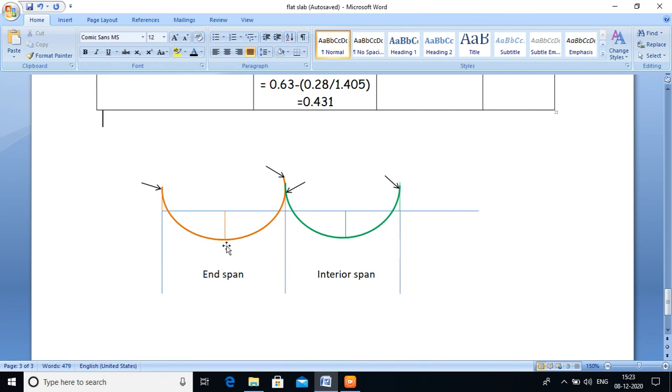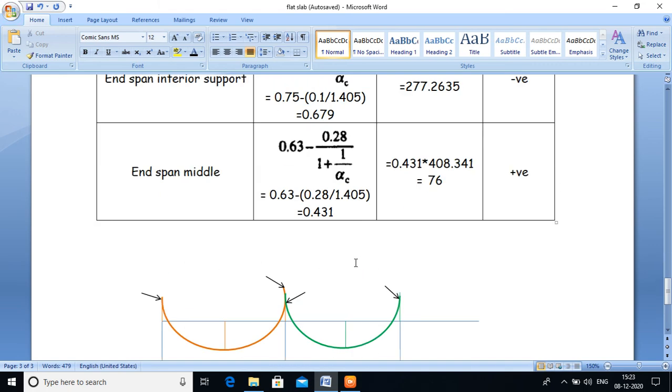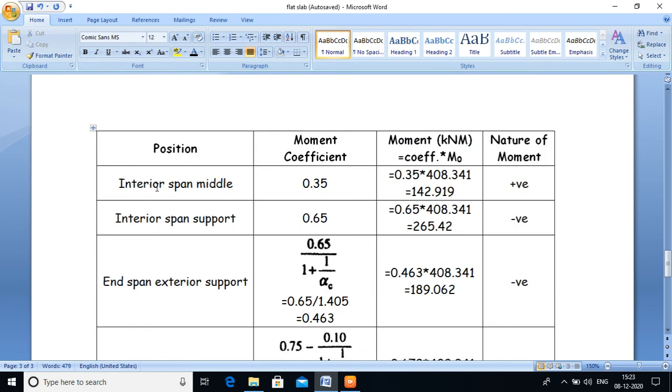So see here, this is the continuous slab we have. This is the end span of the continuous slab, and this is the interior span of the continuous slab. So this is the interior span supports, and the interior span mid span, interior span middle moment, interior span support moment. Okay, so one by one, first of all we'll see interior span middle and interior span support.